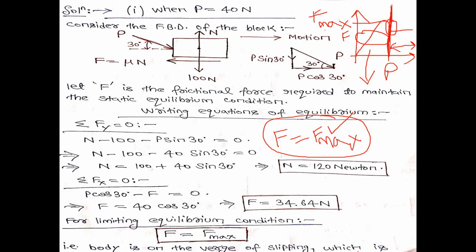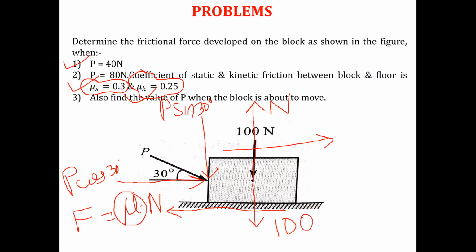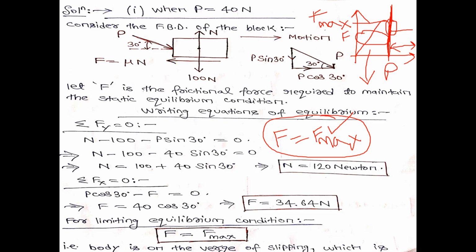What is F max? For the limiting condition, can you tell me which coefficient of friction value I will take? Will I take mu k or mu s in calculation? Because I know that F max will be mu into N. But mu will be what? For the limiting condition? Sir, mu s. Mu s, because the body is about to move.